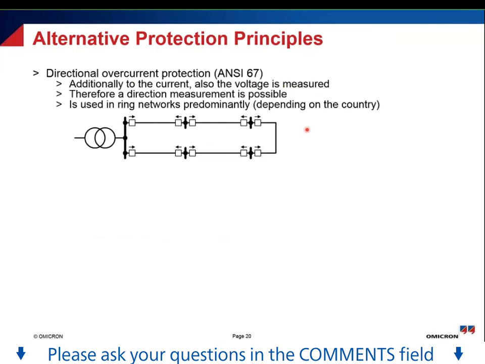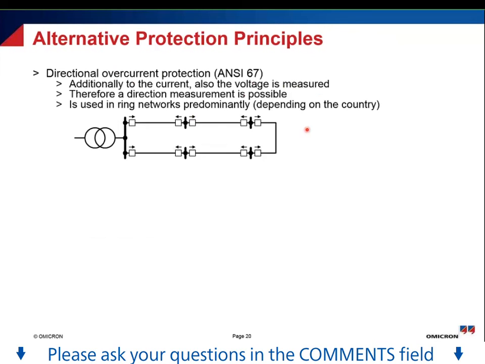Well, the first alternative is directional overcurrent protection. So additionally to the current measurement with the CT, you also measure the voltages with a voltage transformer or a potential transformer.